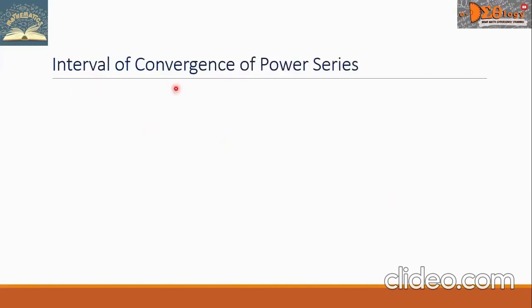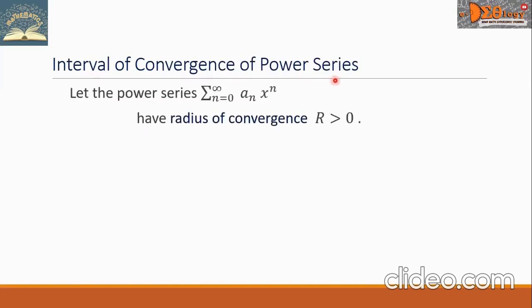Let's go to interval of convergence of power series. Let the power series summation from n equals 0 up to infinity of a sub n times x raised to power n have radius of convergence capital R that is greater than 0.